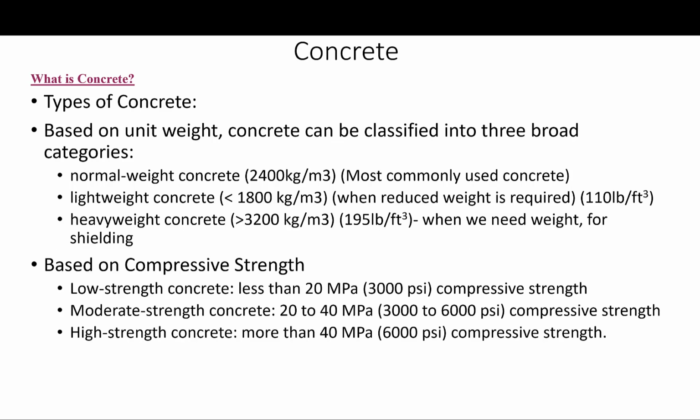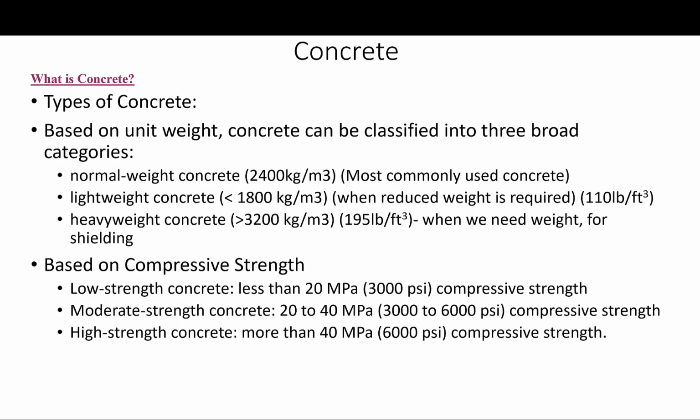Okay, how do we classify concretes? What are the types of concretes? There are different classifications. First classification based on the unit weight. Based on the unit weight, concrete can be classified into 3 broad categories. The first is the normal weight concrete, which is the most commonly used concrete, with a unit weight of about 2,400 kilogram per cubic meter. The second one is the lightweight concrete. It's on average or maybe less than 1,800 kilogram per cubic meter.